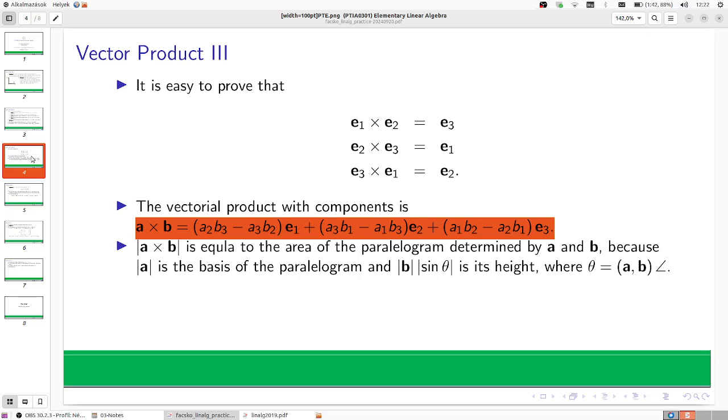Okay, next component, the third component, the first component minus the first component and the third component of the second.